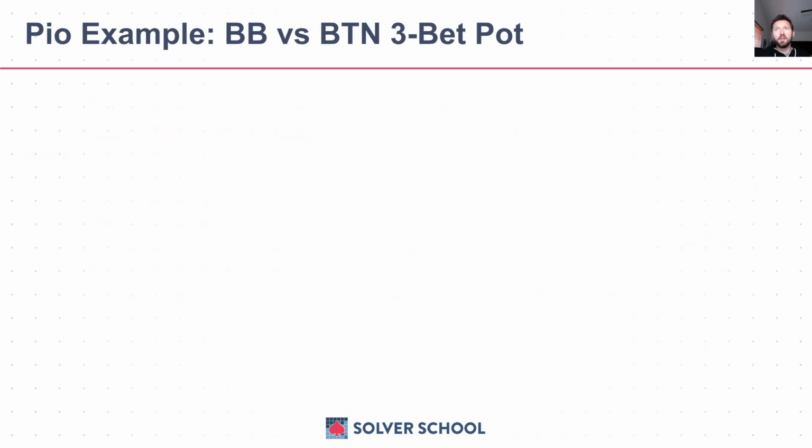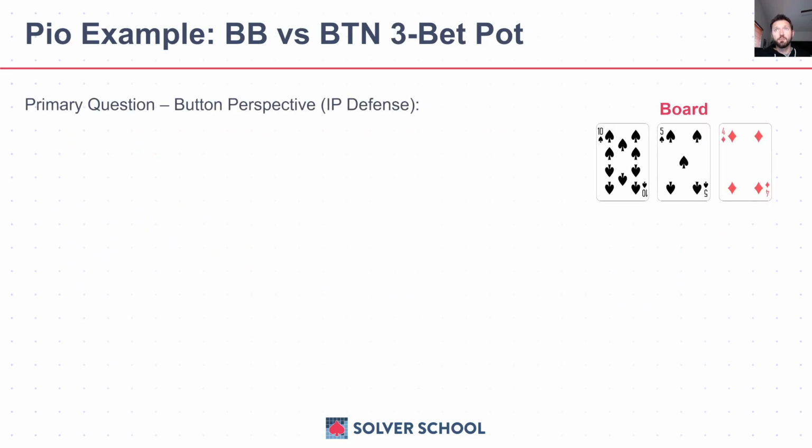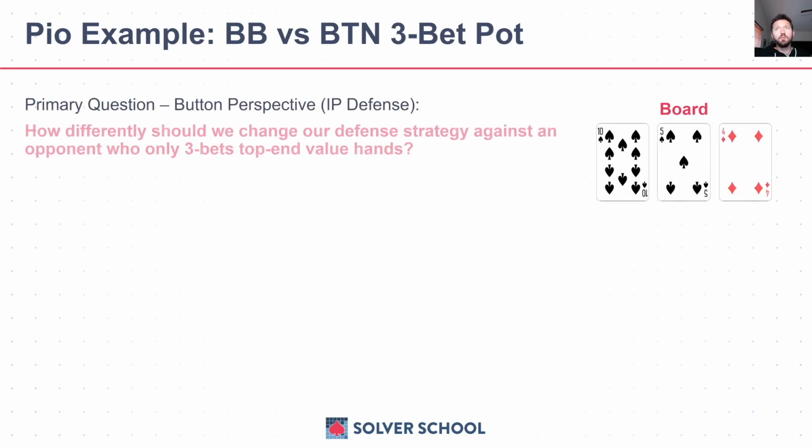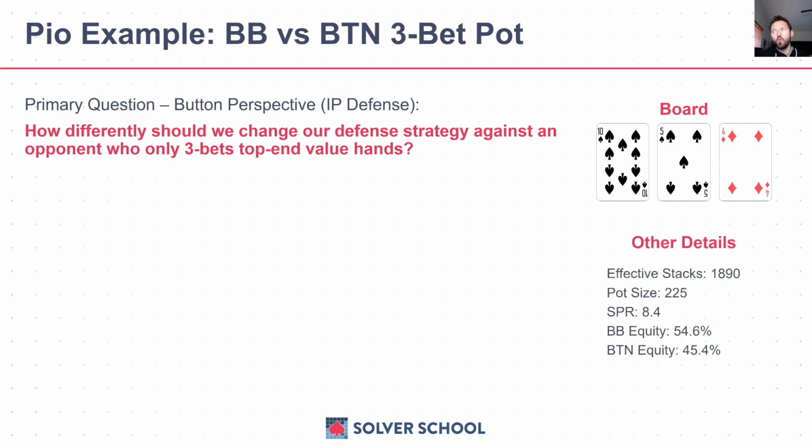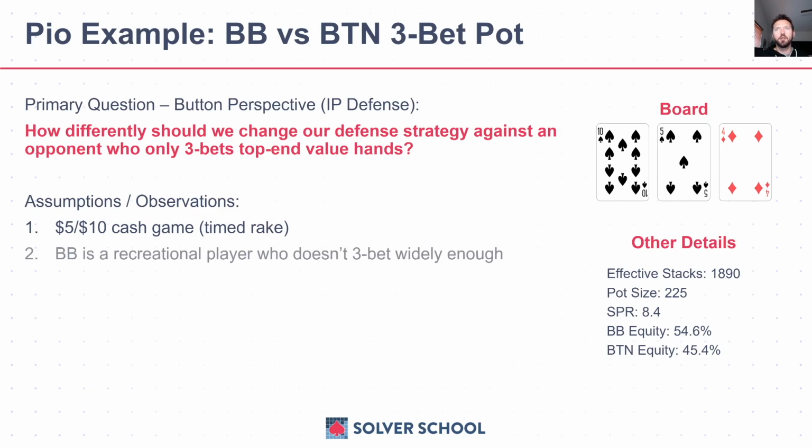And then finally, looking at this example from the button's perspective, so an in-position defense perspective, how differently should we be changing our defense strategy against an opponent who only 3-bets top-end value hands? We have the same details about the hand as we had before, but we have some different assumptions and observations. First, we are still playing this 5-10 game, and we are still playing a timed rake game, so we're not going to account for rake in this calculation.